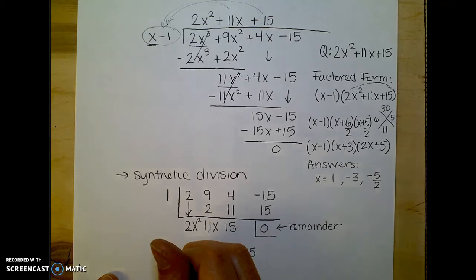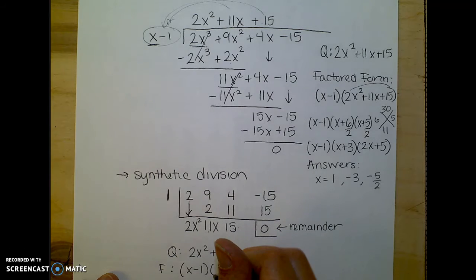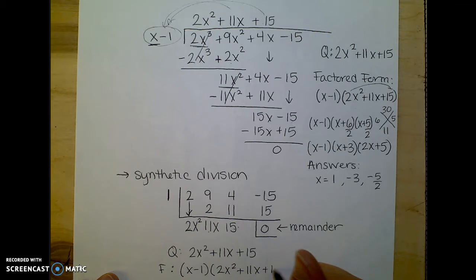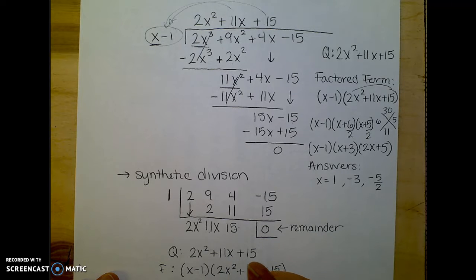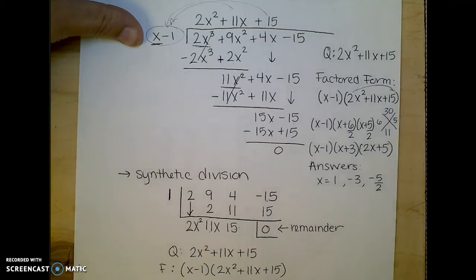If I wanted that factored form, I would write the x minus 1 I divided times my quotient. We know we can factor that more, so then we know we can find our answers and all that good stuff.